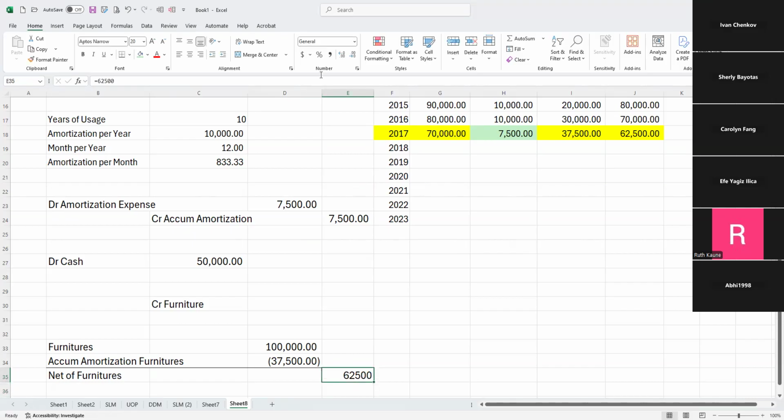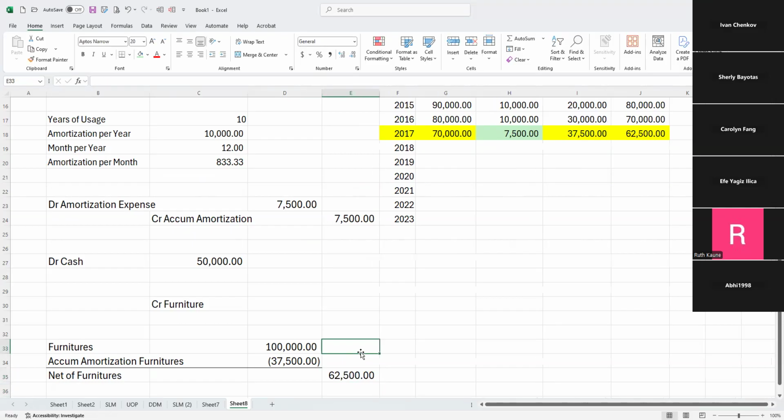Make sense? Do you understand this logic? If I have to write out the furnitures from my balance sheet, what's the value sitting on the furniture section? It's $100,000, not 62,500. The net amount that I'm going to record on the balance sheet is 62,500, but the actual amount sitting on the account furnitures is $100,000. Make sense? Do you understand this?